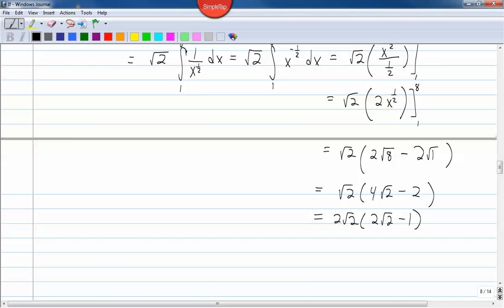Now, depending on the problem, if it asks you for a decimal, you could find that, but the only other way to write this answer would be to multiply this square root of 2 in. That would make that 8, but you'd have 8 minus 2 square roots of 2. So potato, potato, same difference really.